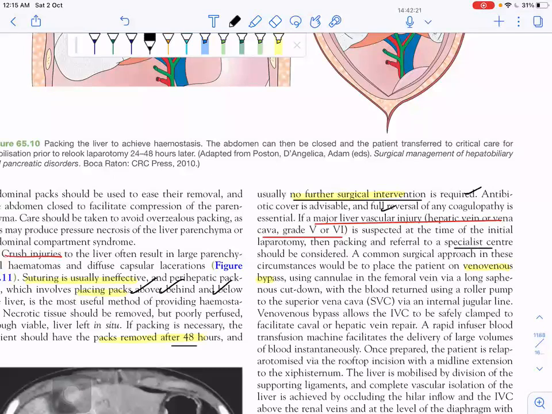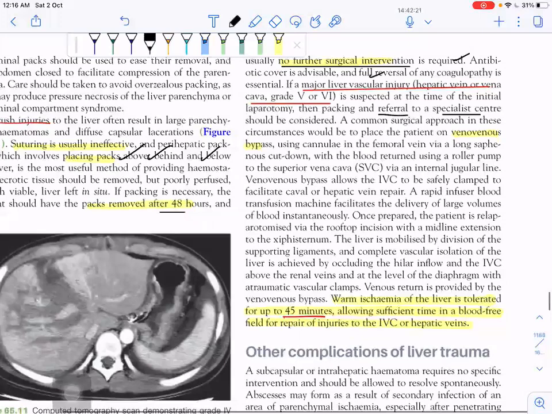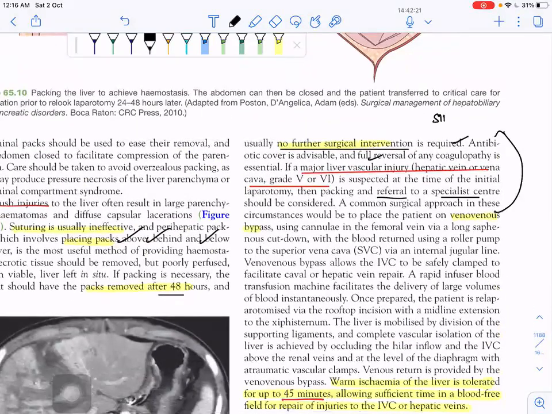In the specialist center, they will go for venovenous bypass, because the injury is mainly from the main vascular structures like the IVC. For that they will do venous bypass. In that, Sabiston gave one bypass called the Schrock shunt, in which they connect the IVC to the atrium.